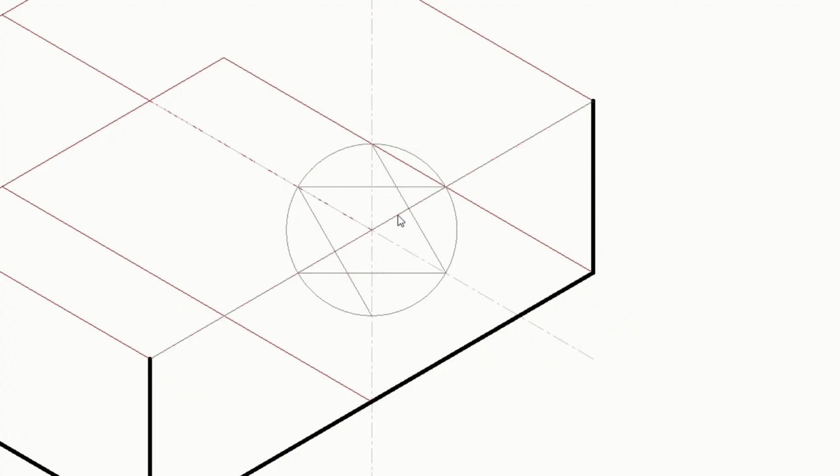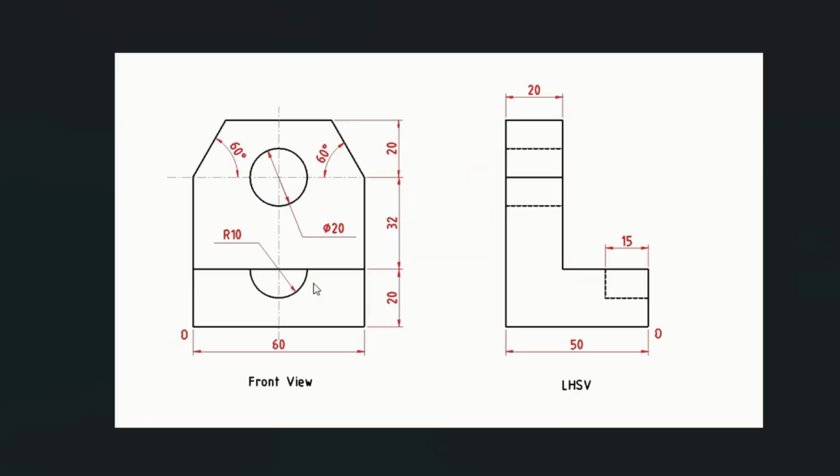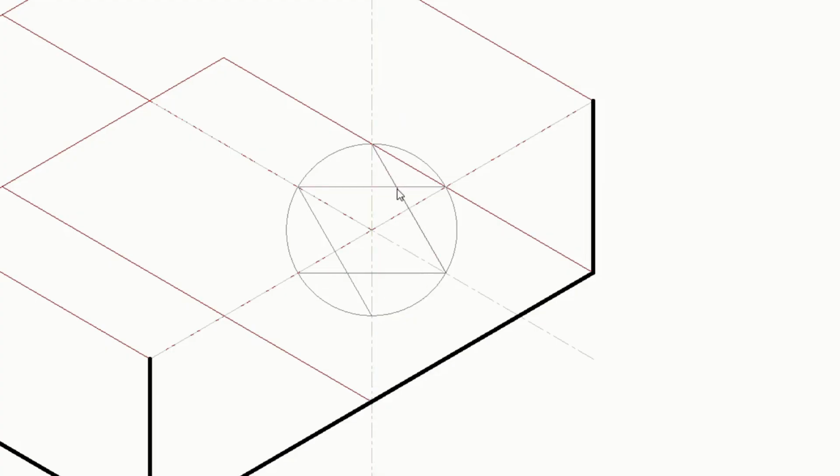The four points that we have got: these two are for the smaller arc, and these two are for the larger arcs. As this is a semicircle, even though we have four points to draw the arc, we need only two. So we draw an arc from this point to this point, with this being the center, and from this point to this point, with this being the center. Let's draw the larger arc first.